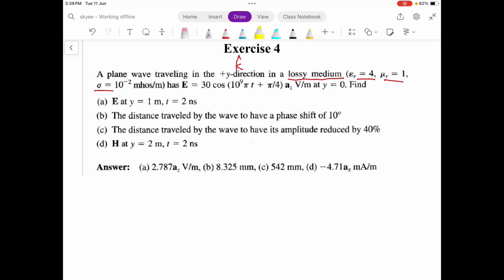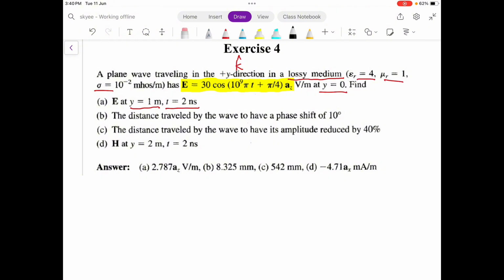The equation of E is given, but read properly: this E is only valid when Y equals 0. Now you have to find E with the conditions Y equals 1 and T equals 2.